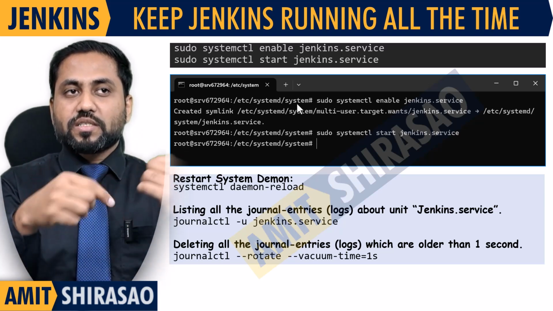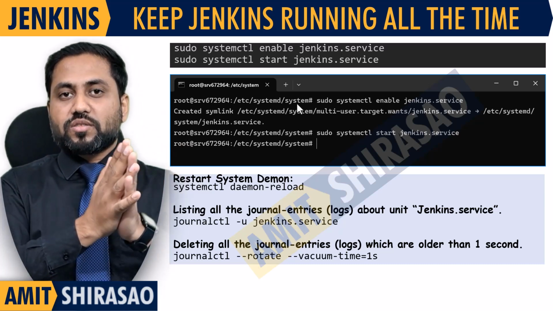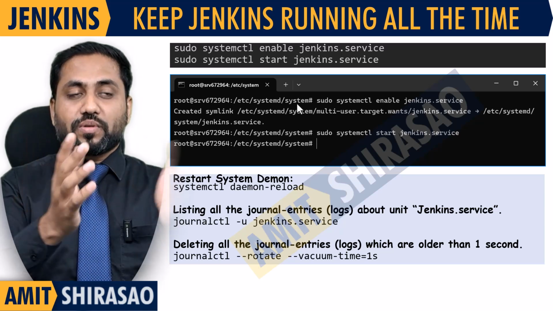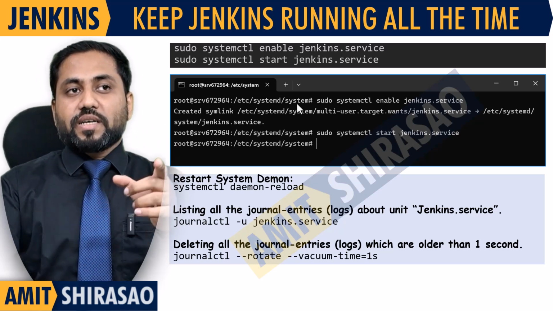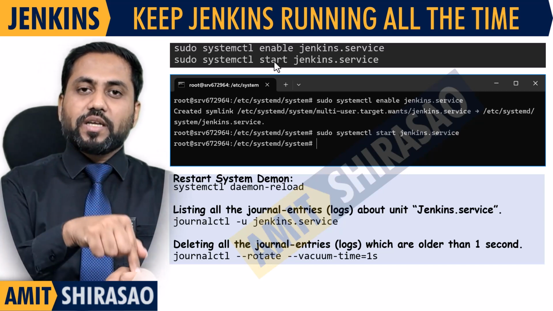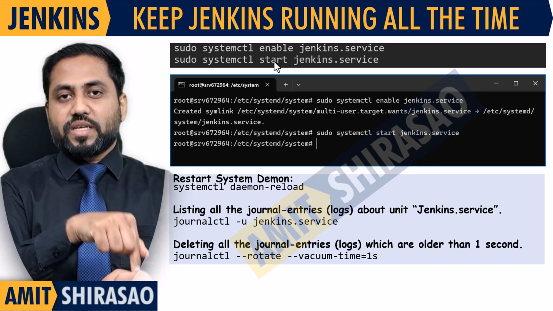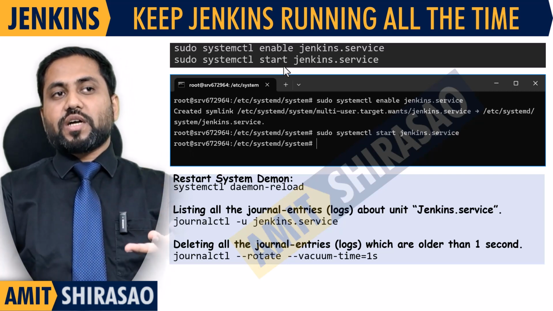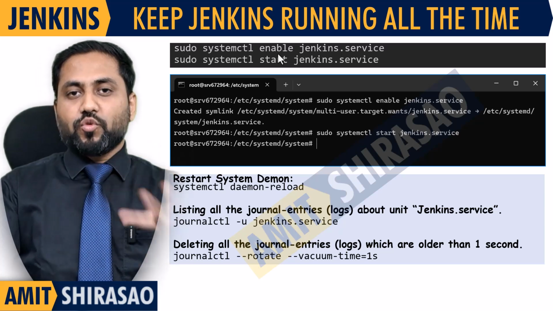Okay, whenever the machine starts, this service should start. That is called enabling the service to start itself on its own. But starting a service means you are now starting it. It's a one-time thing. You are starting it now manually. That is start. But enable means you are enabling it to start itself upon machine boot.